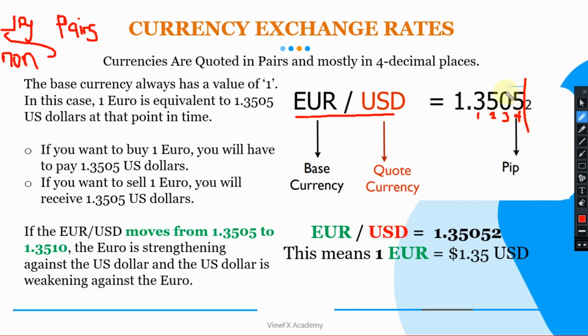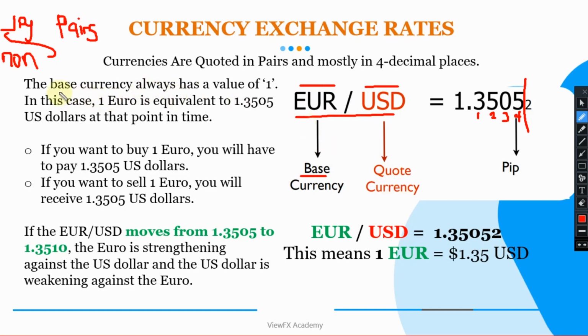Now, for those wondering the meaning of this, Euro USD means that 1 euro can be exchanged for this amount. But before I go into that, when you see a currency pair like this, the euro here is the base currency, while the USD is the quote currency.